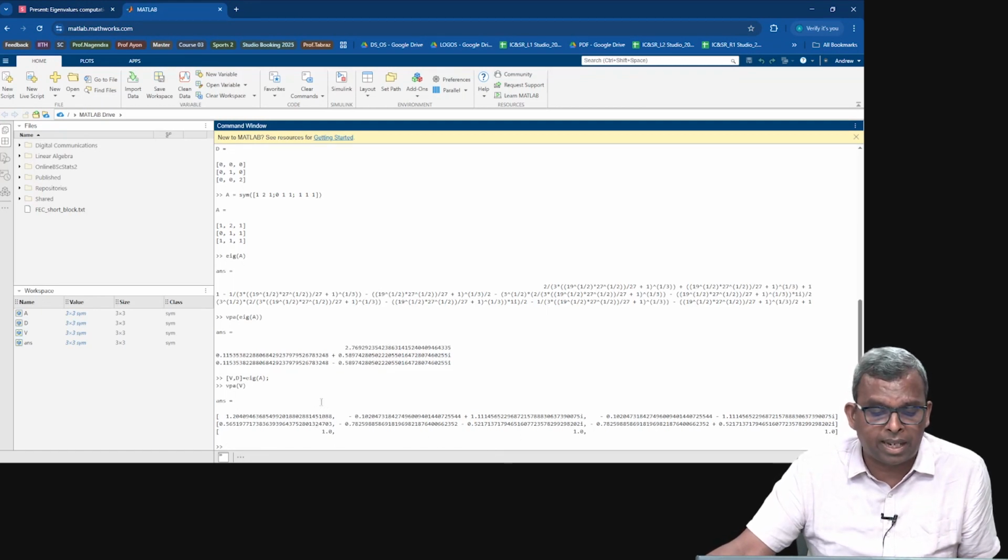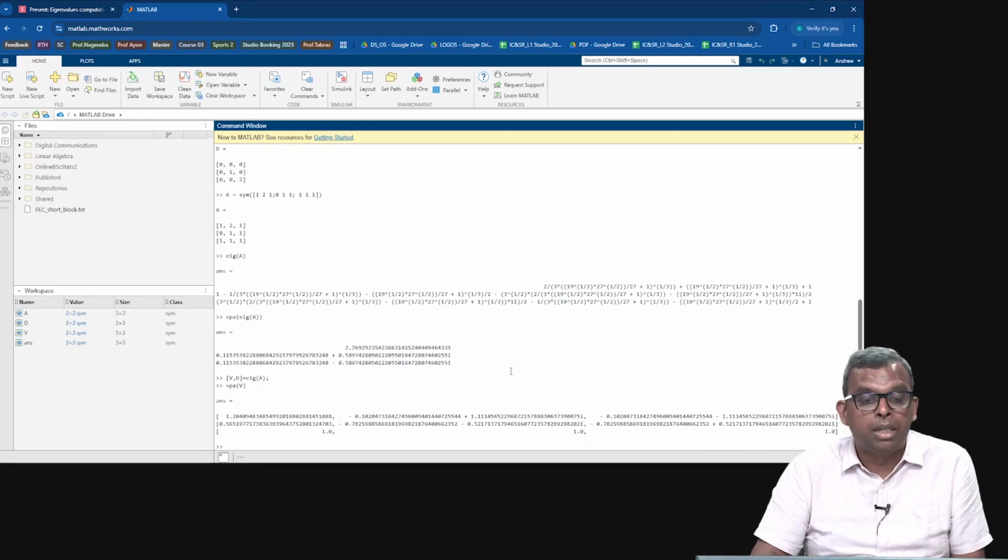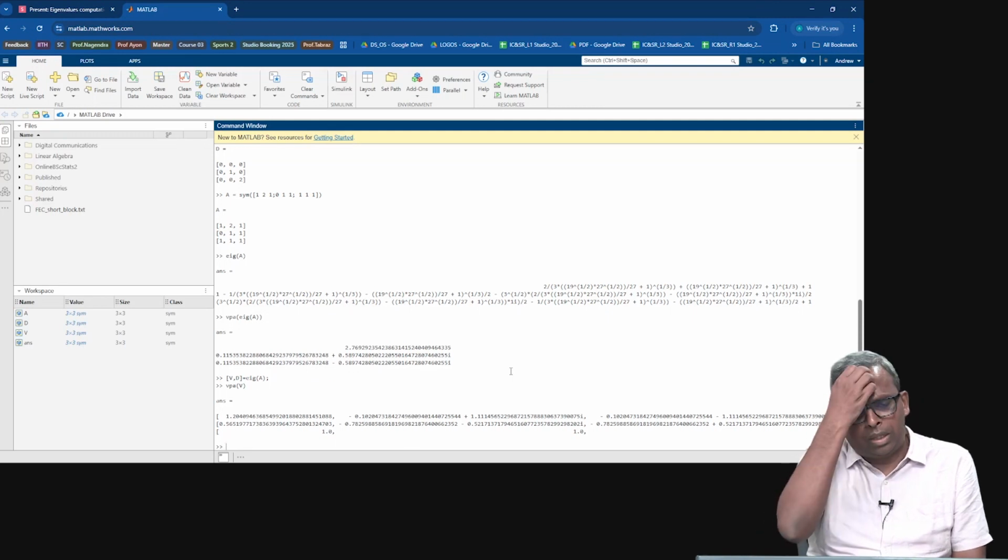The first eigenvector is real, that corresponds to the eigenvalue of 2.76. The next two are conjugates of each other. The second one corresponds to the second eigenvalue and the last one corresponds to the third. We saw that they have to be in conjugate form. That also is a property that we see. So, it is very simple to do this computation.